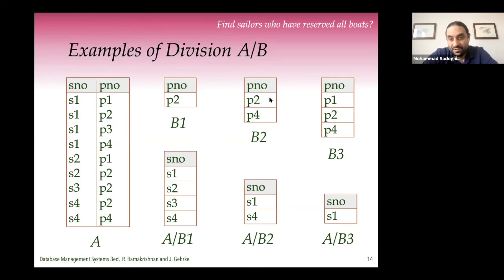So why is it that it didn't work? What is the issue that we're seeing here? Doing that equality join, what query are we actually answering? Are we really finding all sailors who reserved all boats? Or does that simple-minded solution just return all sailors who have booked at least one boat?